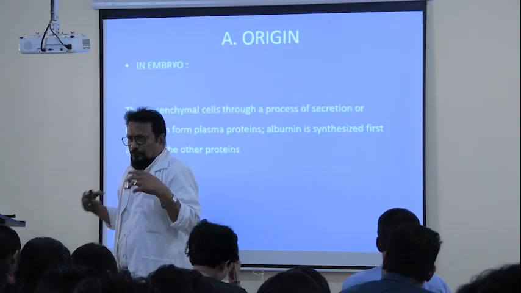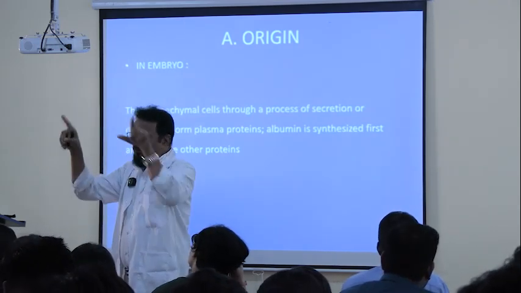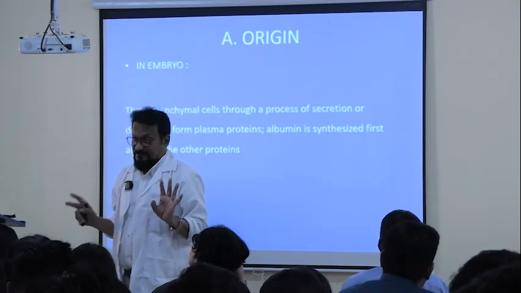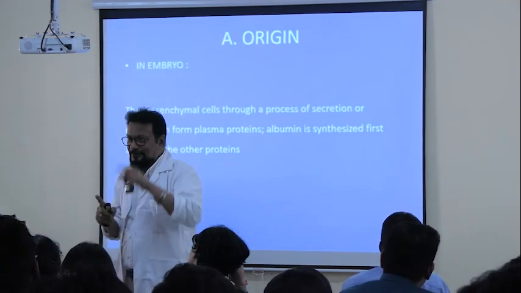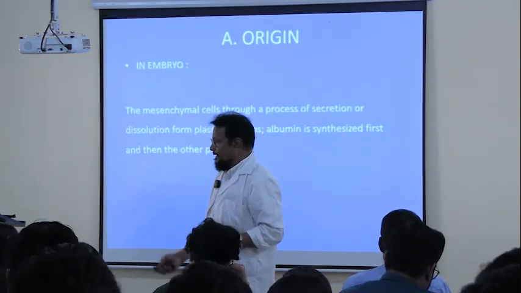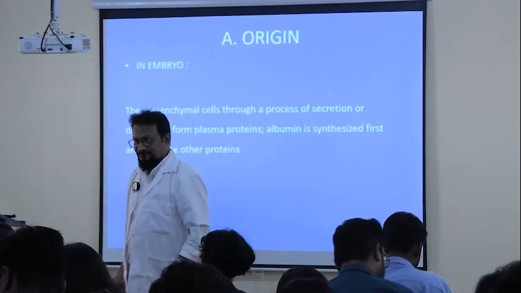Understood? So not only knowing, this will not serve the purpose. These are the forms, this is the origin of plasma proteins, and these are the functions. But all this you have to correlate with clinical findings. Okay? So this is the main emphasis given in CBME.